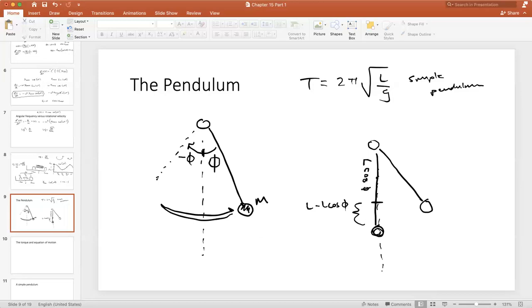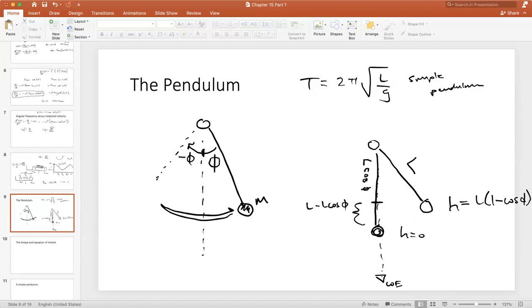You can see that there, and this whole distance is L, the whole length. So if we assume that the height here is 0, and we assume the center of the Earth is that way, then the height here is L times 1 minus cos phi. That's just a little bit of geometry that we need.